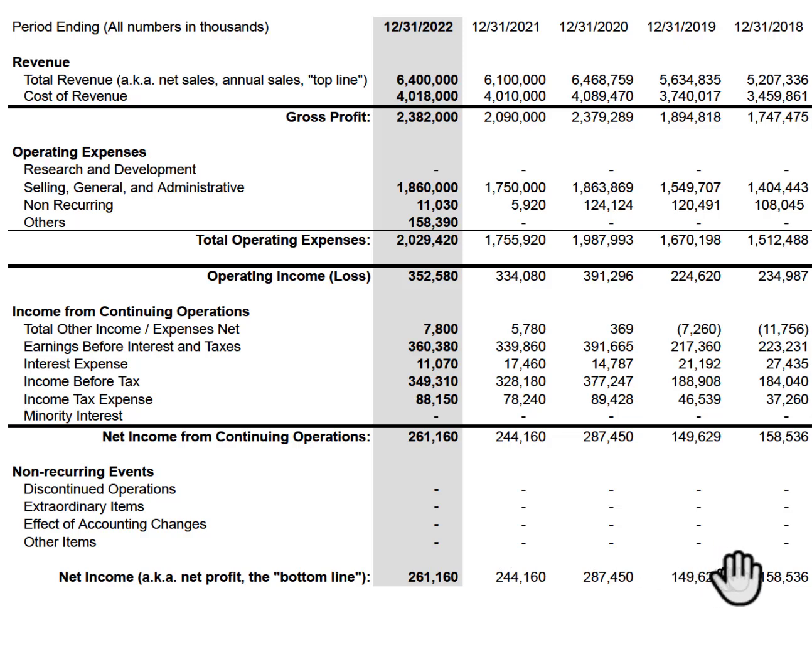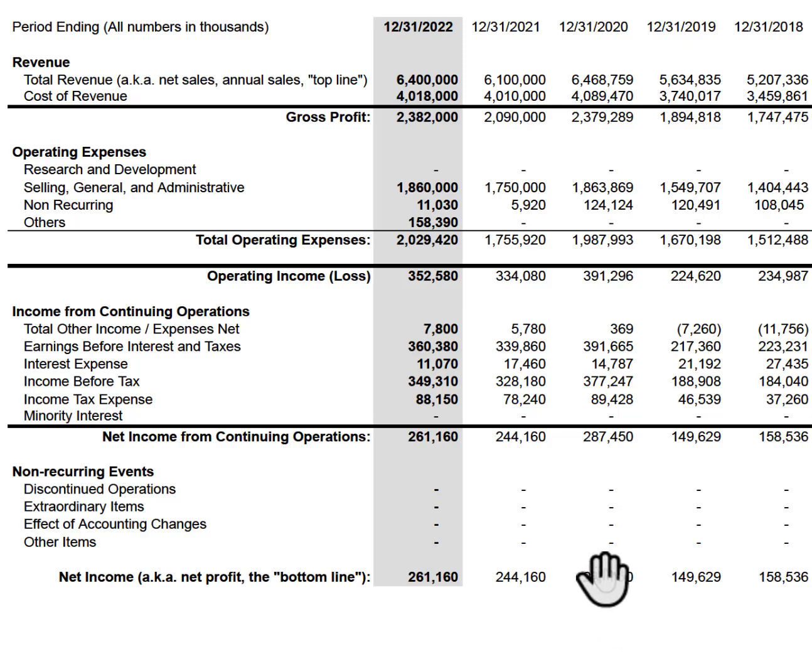And what you notice, and this is something that many investors look at, is what's the trend? How are they doing? Well, back in 2018, they had only earned $158 million, and then 2019, 149, and then all of a sudden, what happened in 2020 and 2021? COVID, right? People didn't go out to eat anymore. So they had to go out and buy their own groceries and make their own food.